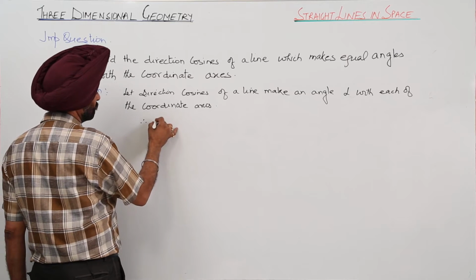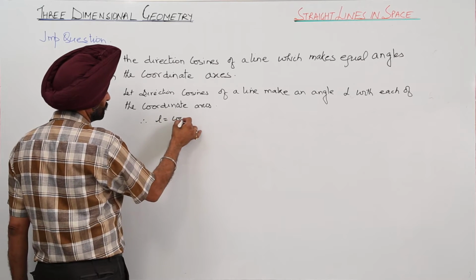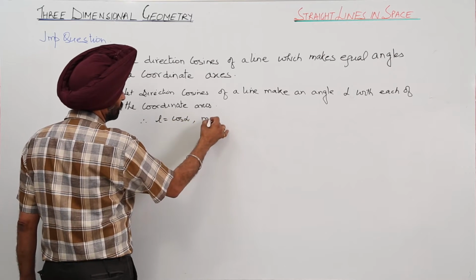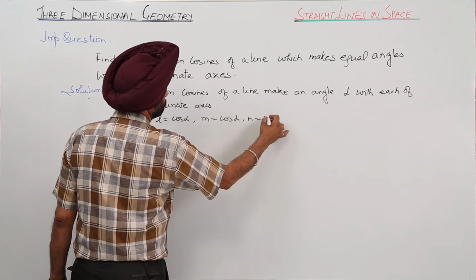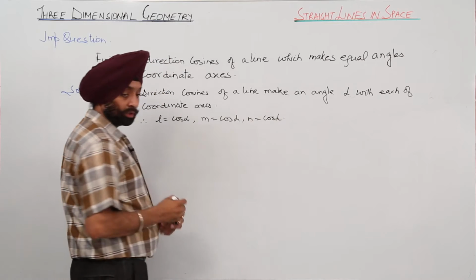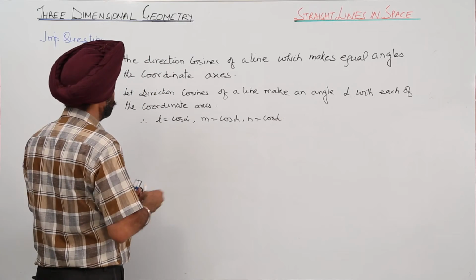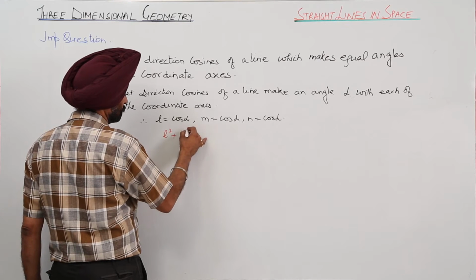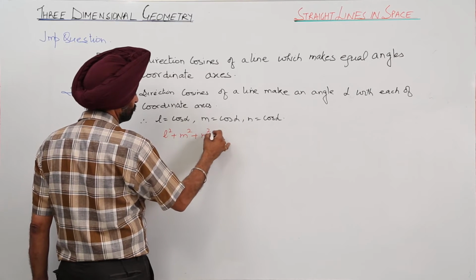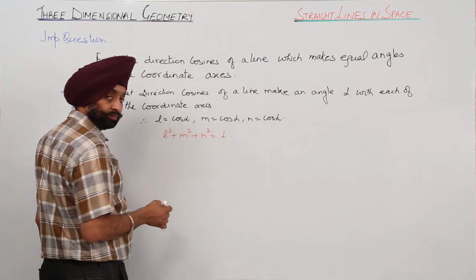Therefore, l is equal to cos alpha, m is equal to cos alpha, n is equal to cos alpha. Now, l square plus m square plus n square is equal to 1.